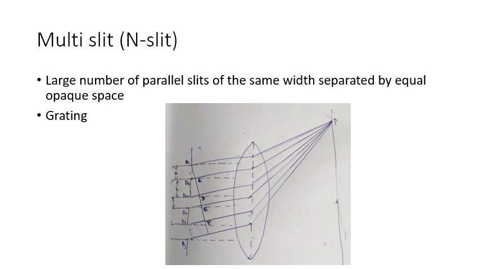So here we have slit A1, B1, A2, B2, A3, B3. For my convenience, I have taken only 3 openings here, and the width of the opening is considered as a, and the width of the opaque region is considered as b.